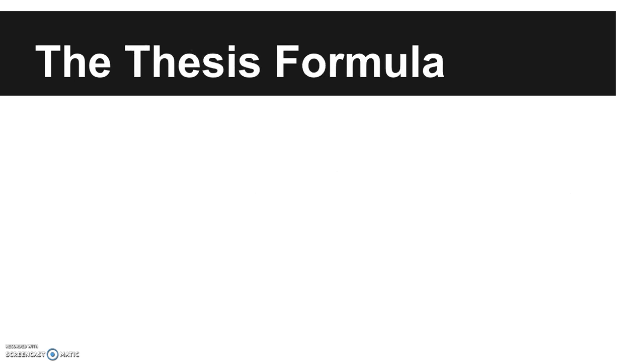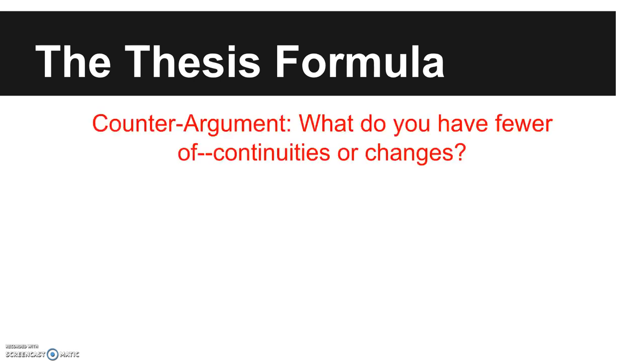So let's see how our thesis formula applies. When writing a multi-sentence thesis response to a CCOT question, you still begin with the counterargument, followed by the argument and explanation.